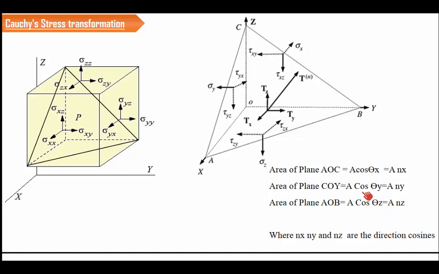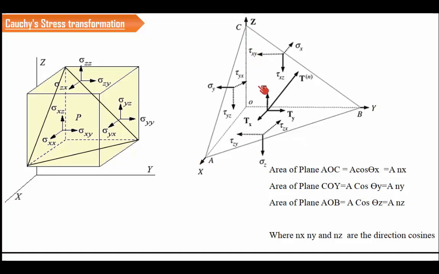So this cos theta x, cos theta y and cos theta z are called the direction cosines, and they are notated using nx, ny and nz. So A nx means the area AOC, A ny means the area COB, A nz means the area AOB. So right now we have all the forces and all the areas associated with this particular tetrahedron. Now we are going to transform these forces into this particular plane.